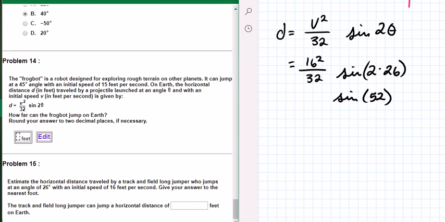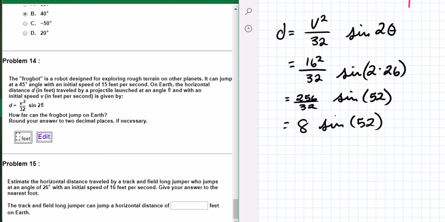Now here I can't use any of my quadrantal angle knowledge or anything that I have memorized for a 30, 45, or 60-degree angle. I need to use my calculator. So this is 256 divided by 32, which comes out evenly. 8 times the sine of 52.